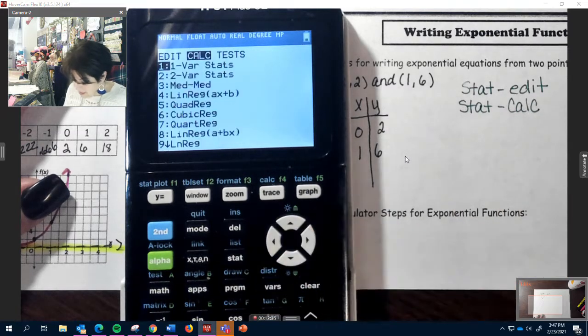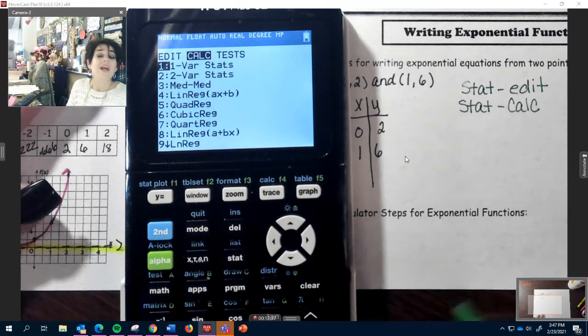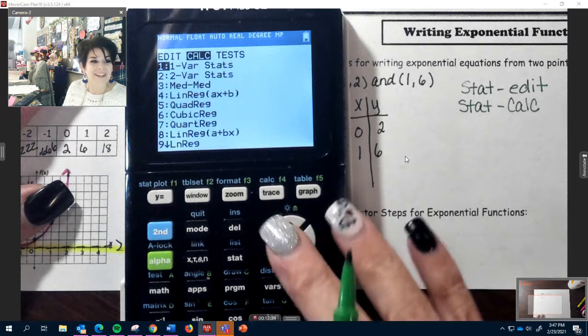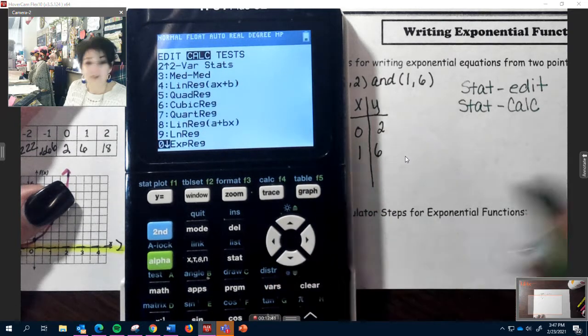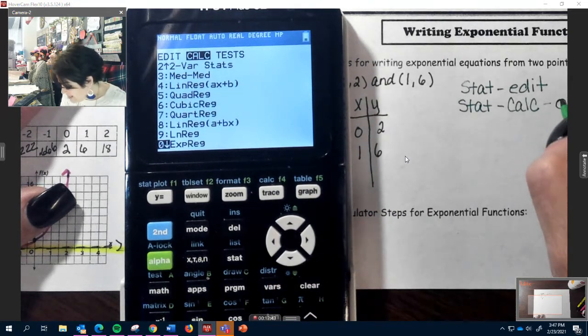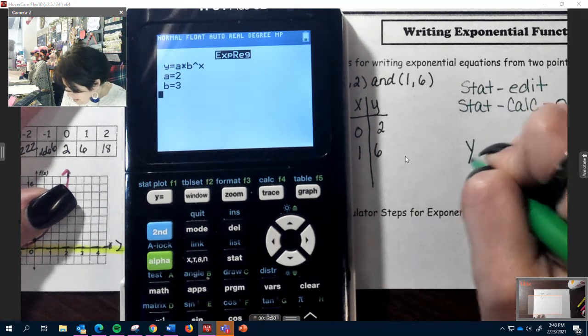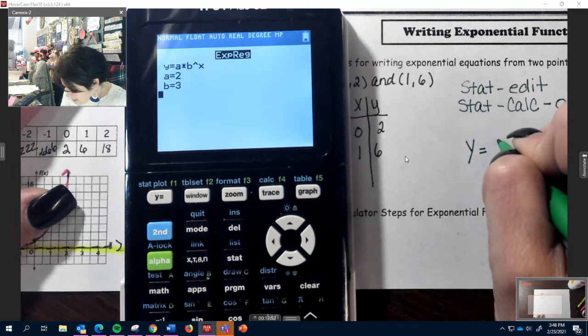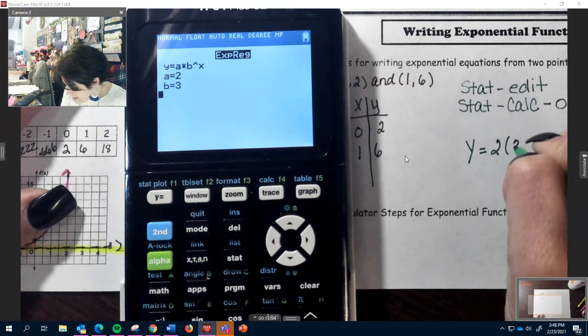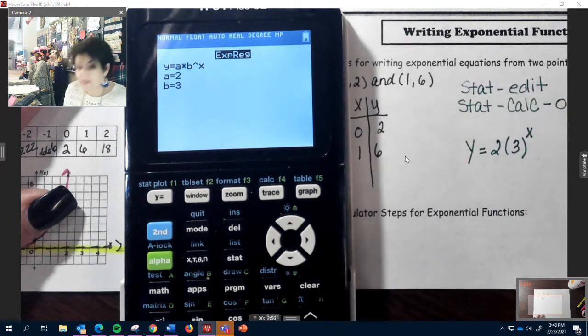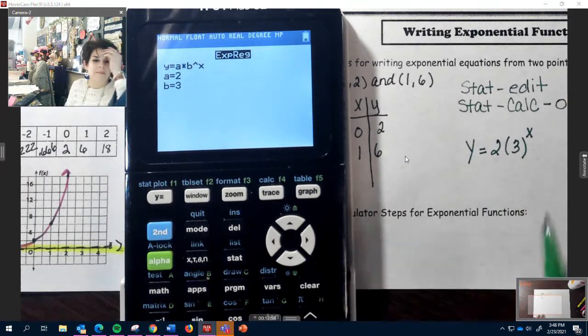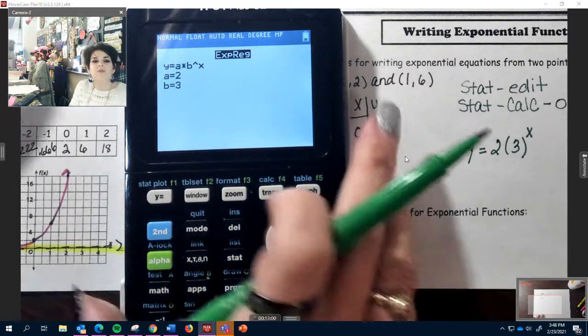Then we go down to 0 for exponential regression. Hit Enter, and you're just going to hit Enter all the way through. Bam, there it is. Y equals A is 2, B is 3 to the X power. So that's how you find it using your calculator.